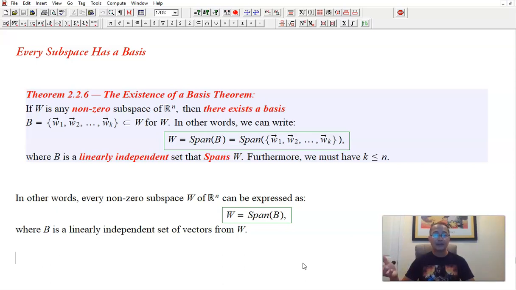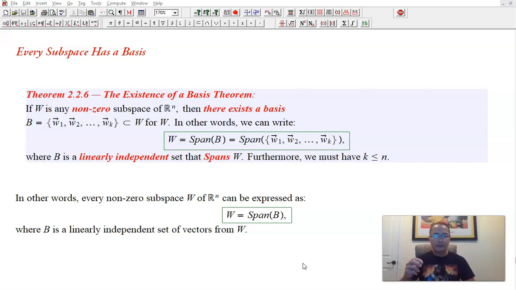So that tells us that no matter which subspace you pick of Rn, you can always find a basis for that subspace, and the number of vectors in that basis is at most n, the dimension of your ambient space.